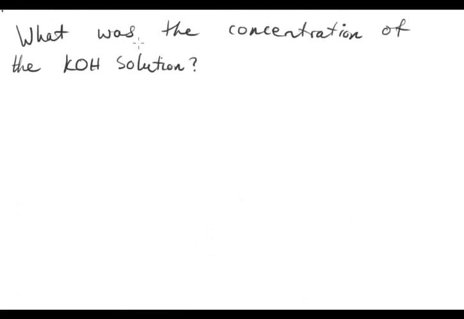What was the concentration of the KOH solution? Okay, so the way we would need to work this out is rearranging that equation, number of moles equals concentration times volume. And we need to make concentration the subject, because this is the significant thing to work out here.